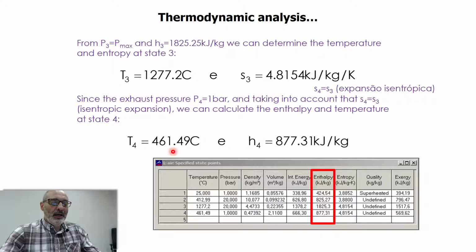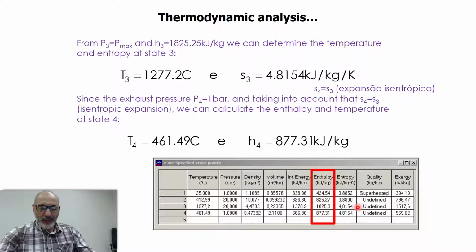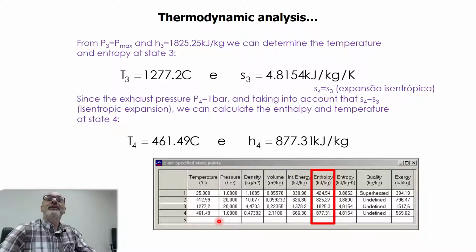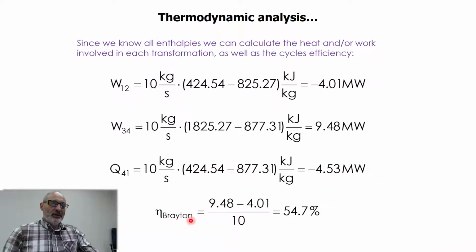Then, by considering that the pressure is going to be 1 bar, and the entropy does not change, we can input 1 bar here, 4.8154, and we get all the results. You see, 461 degrees is the exhaust temperature of the gases, and you see that it contains a lot of thermal energy. So that's the calculations.